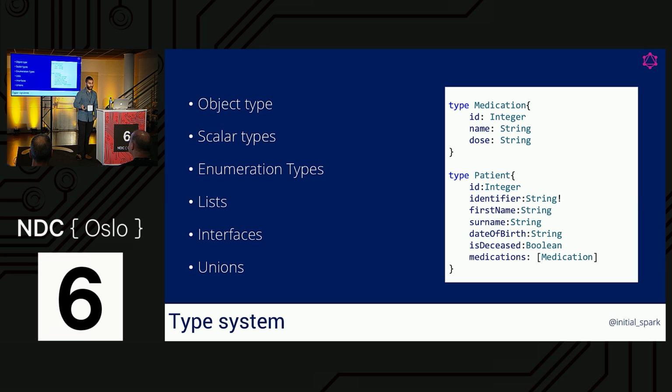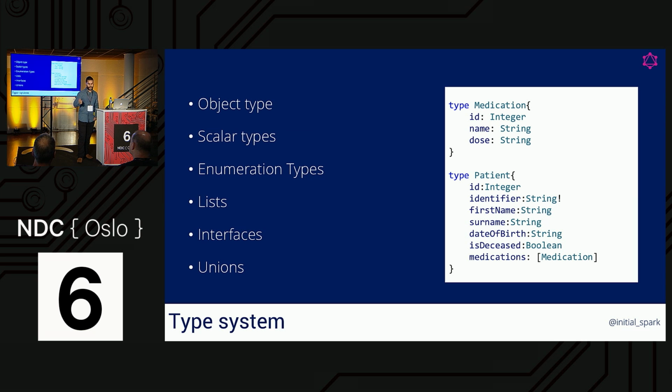And you can create your own scalar types, so there's extensions for that. The type system supports enums. So if you've used enums in any major language, it's technically the same. It supports lists. So as you can see, we've got a medications field, and the medications is basically denoted by an array, so the square brackets around it. And there's actually an exclamation mark on the identifier next to the string. I just want to point out that means it's non-nullable.